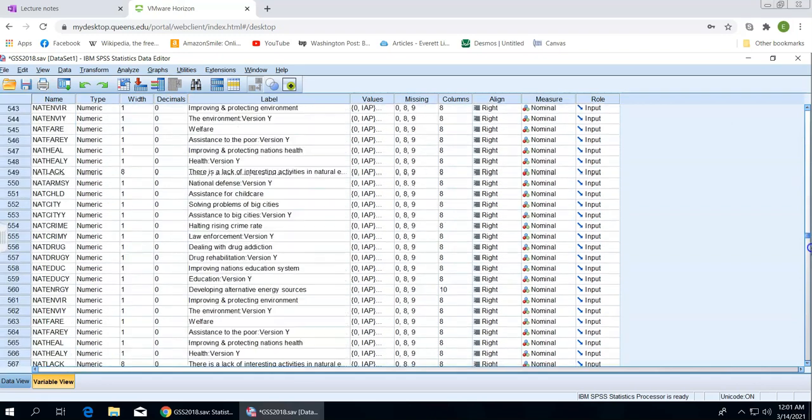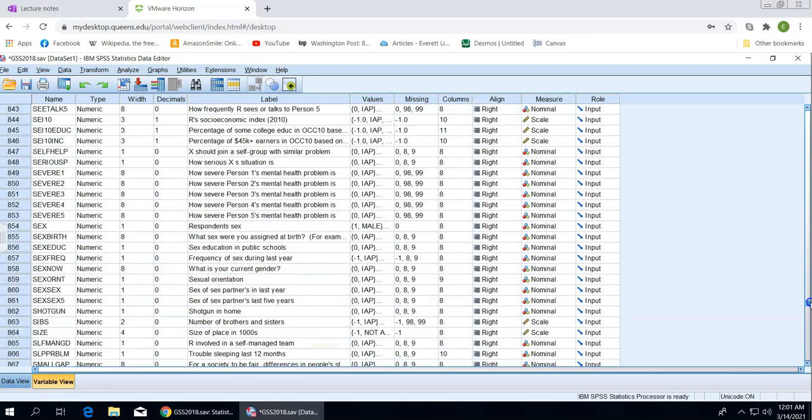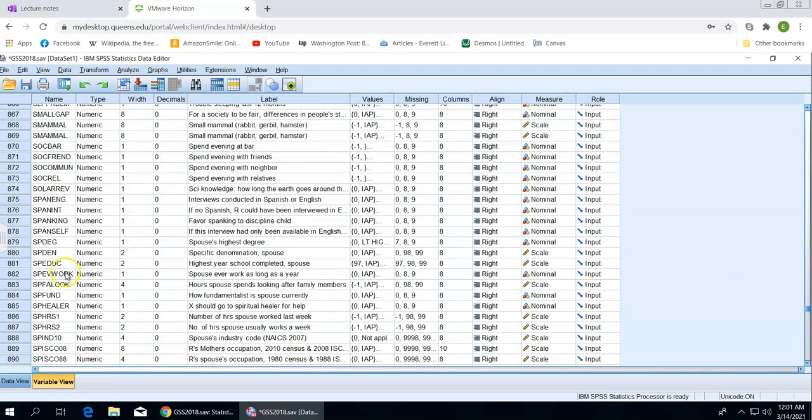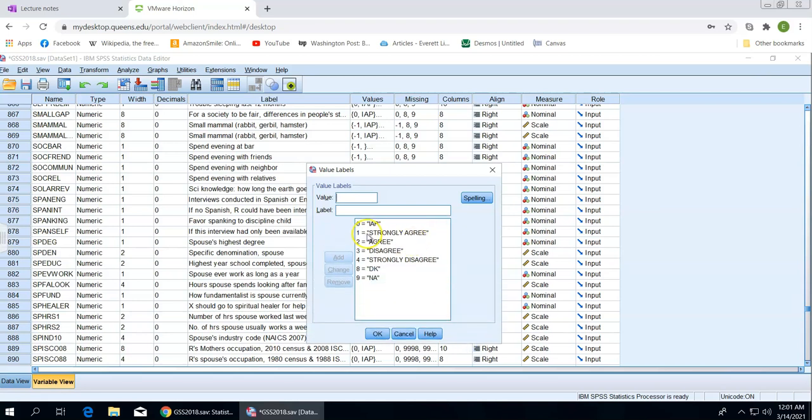We're looking at one variable which is called spanking, so whether people favor spanking to discipline a child. The important options here, other than the missing ones, are strongly agree, disagree, and strongly disagree. So this is Likert.